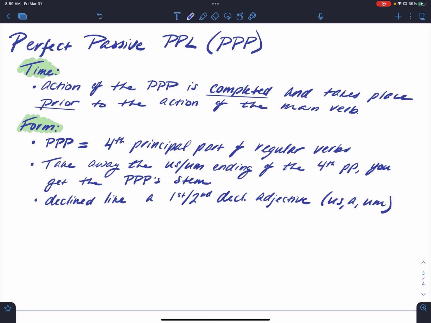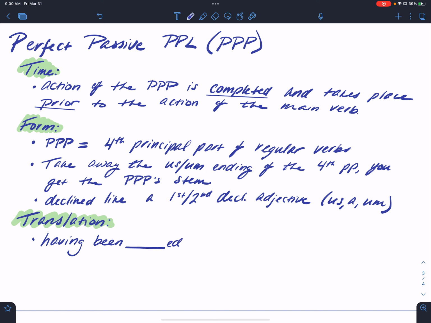All right, now the translation of this is pretty simple. Okay, I told you before it's having been blanked, or sometimes simply you could just translate it as blanked. That's fine too.